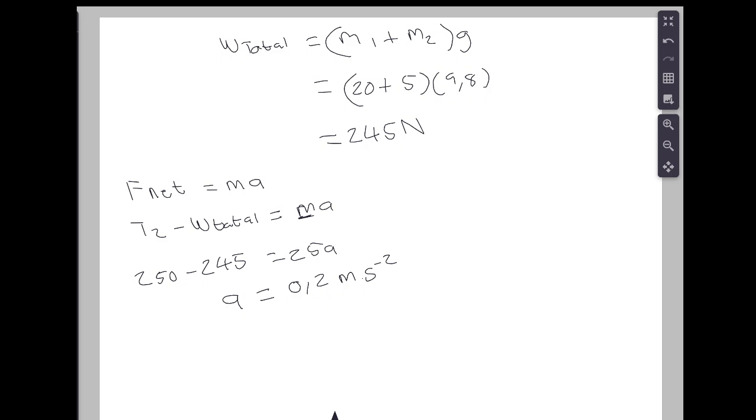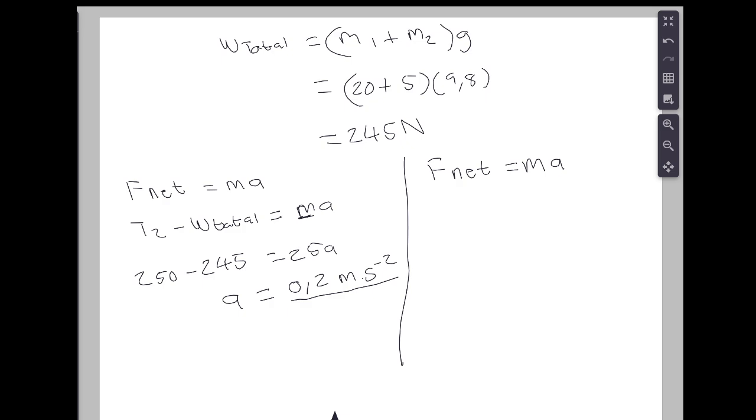To then calculate T1, remember this acceleration is for the whole system. So that means it would apply to the second tension as well. So I'm going to say F net is equal to mass times acceleration.